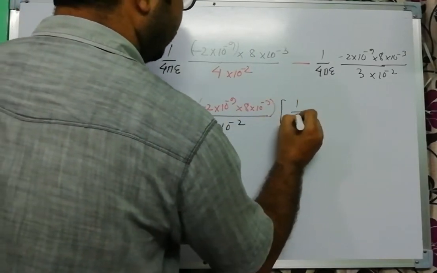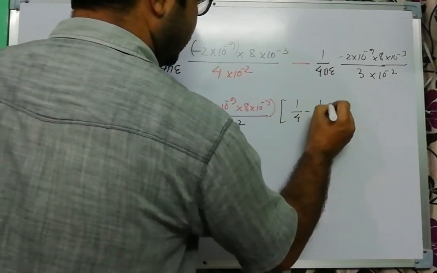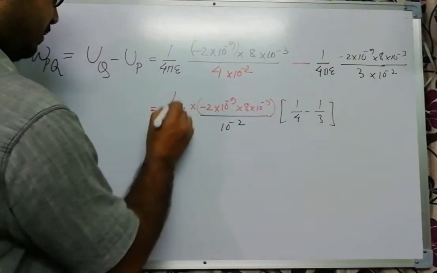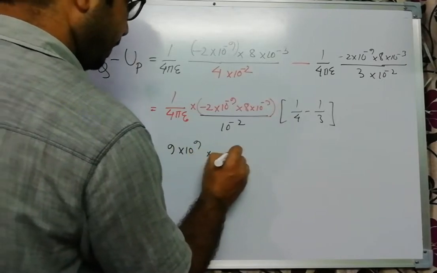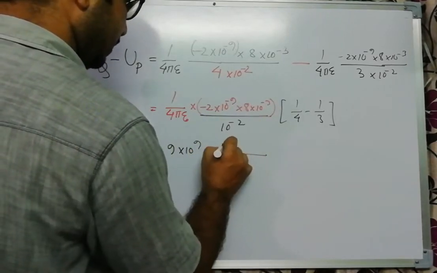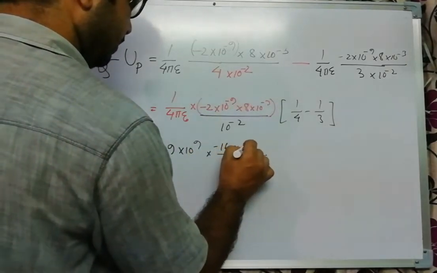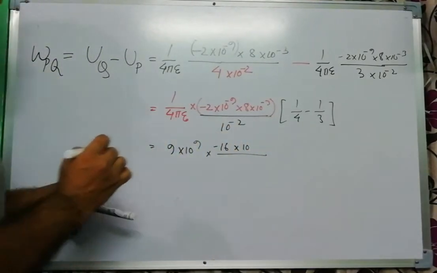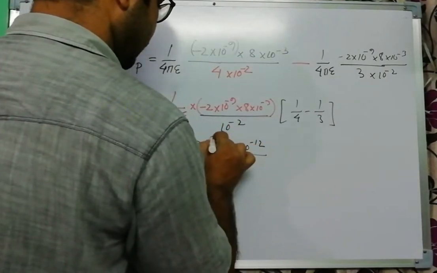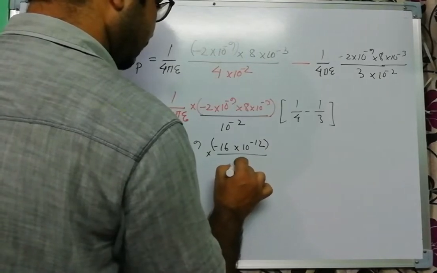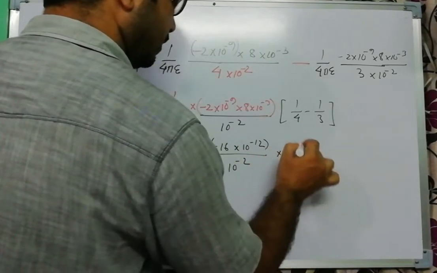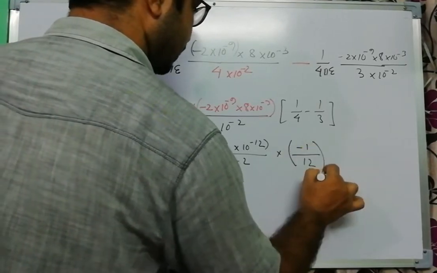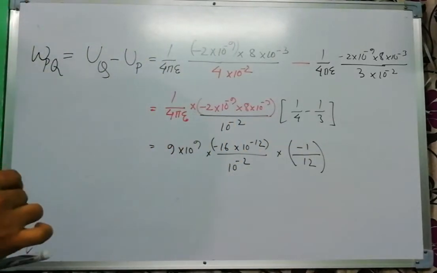It will remain 1/4 minus 1/3. So 1/4 pi epsilon naught is 9 × 10⁹. This is 3 minus 4 over 12, divided by 10⁻², and this is going to be 12 minus 1. This minus becomes plus.